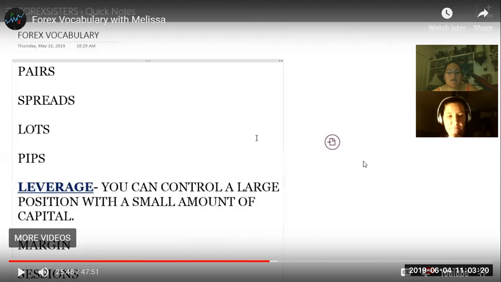I wanted to check on the Forex vocabulary section. This is where you really start looking at information. Definitely start looking at this lingo. Learn some of those spreads, those pairs. Get into MetaTrader to look at the details as far as numbers and pips.